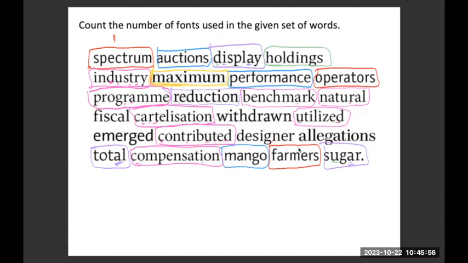This is different. This is a bold font. Different.